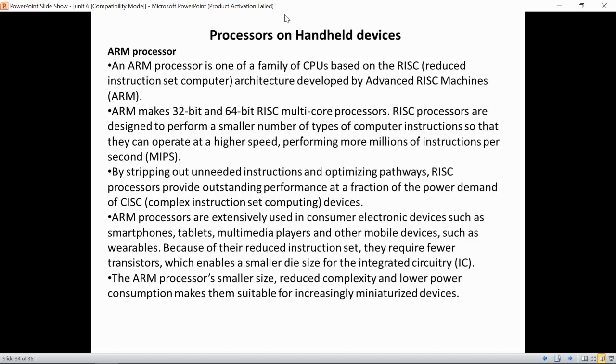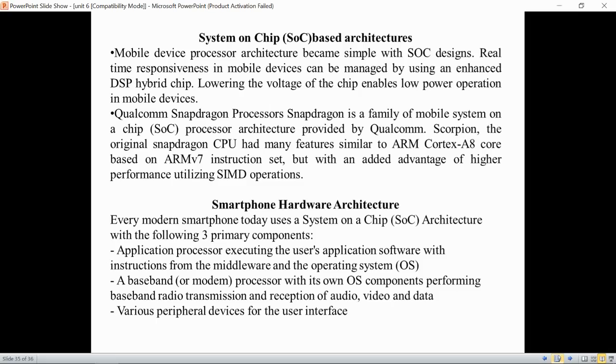RISC is a reduced instruction set computer, in which we have a very small number of instructions which can access the memory. In ARM processors, there is a very small number of addressing modes, like two, direct and indirect only. There might be 32-bit, there might be 64-bit. Generally now we are using a 64-bit architecture in all of them.